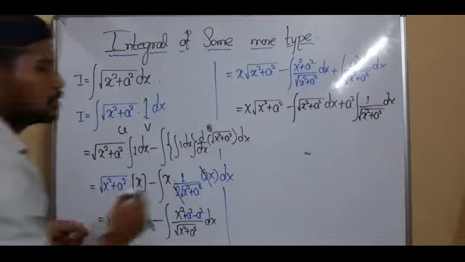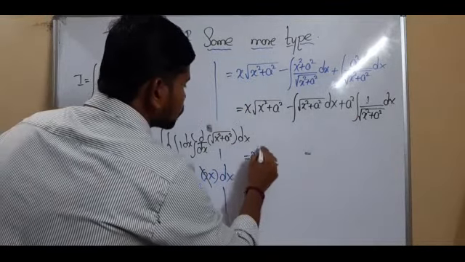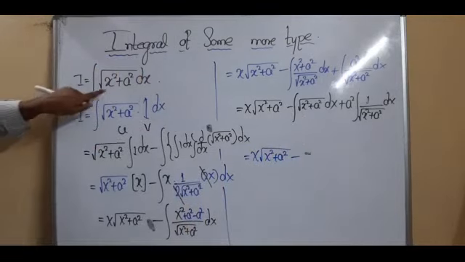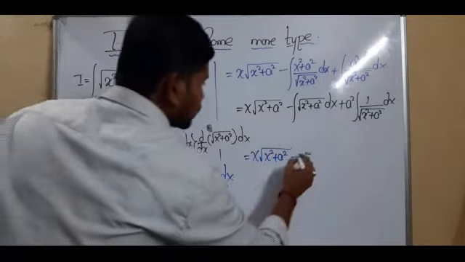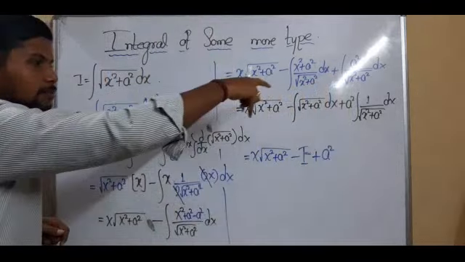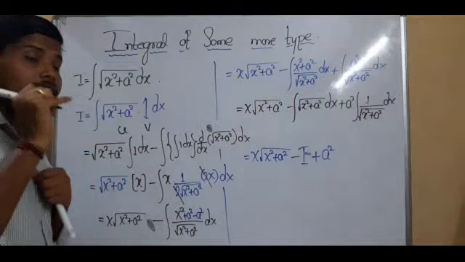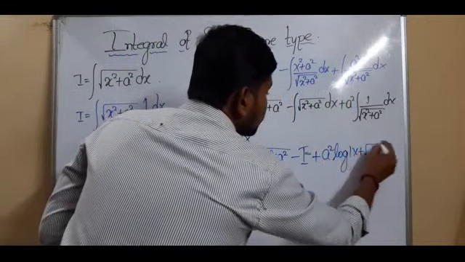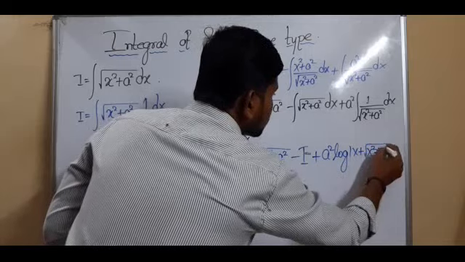Understood the points? The next step will be x square root of x square plus a square. This is nothing but the given integral I. That's why I'd like to substitute this one as I, plus a square times the integral of 1 divided by square root of x square plus a square, which we already derived. That is log of modulus of x plus square root of x square plus a square plus c.